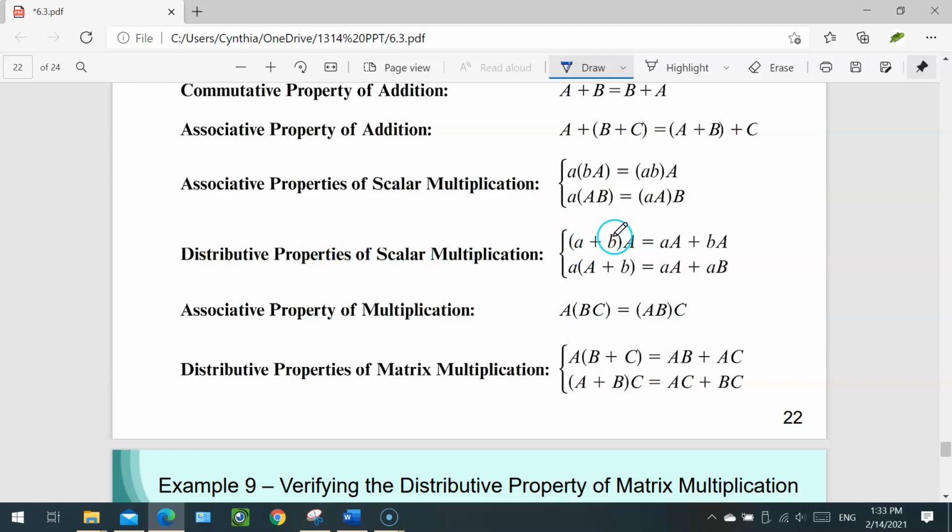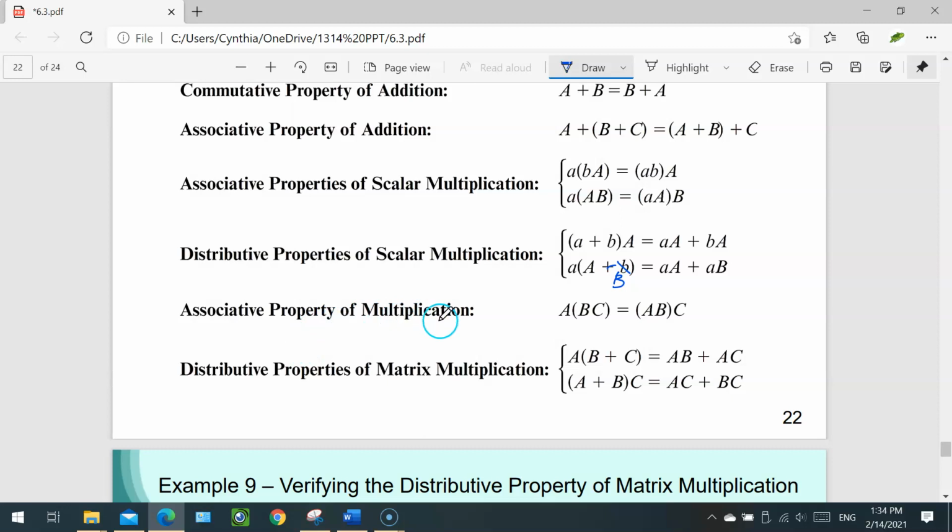When you have A plus B multiplied with matrix A, this is equal to A times matrix A plus B times matrix A. When you have the scalar A multiplied with matrix A plus matrix B, the same way, you distribute it and get A times matrix A plus A times matrix B. So this is a typo. No wonder when I read it I felt like something was not right.